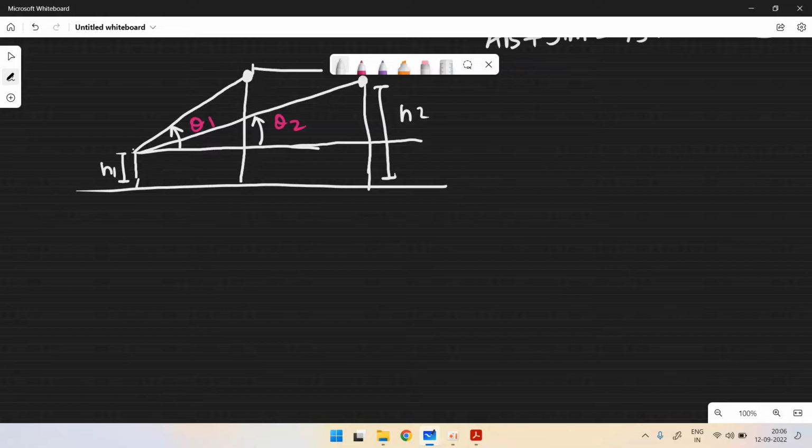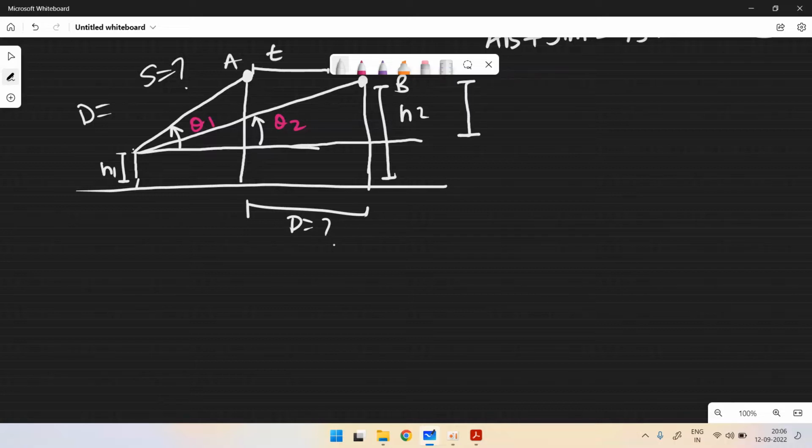It took t seconds to move from A to B, so you can just find the speed. When you find the distance between them, this is h1. You just need to deduct this distance, so this much length will be h2 minus h1. You just need to do this. Rest everything will remain the same.